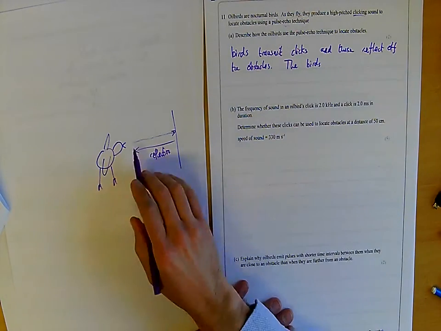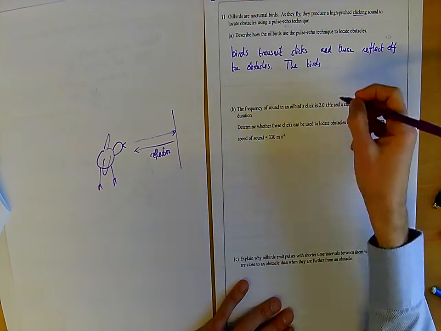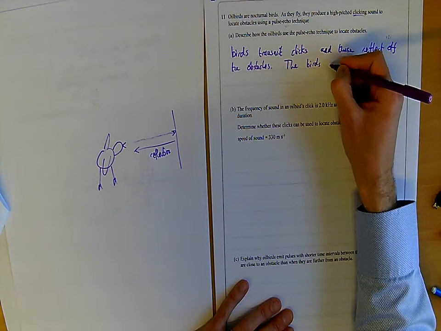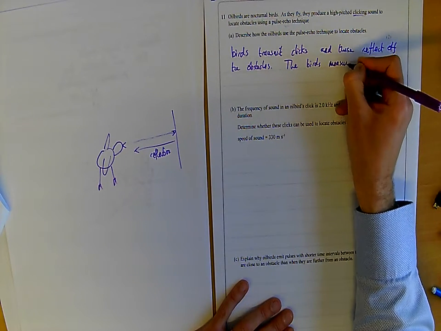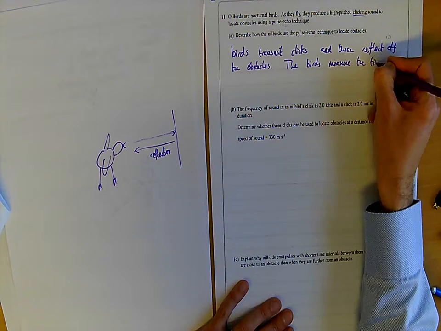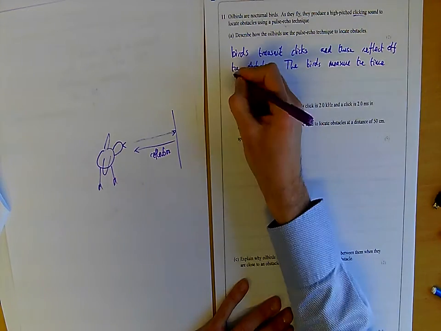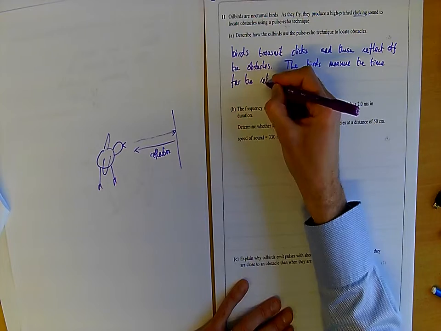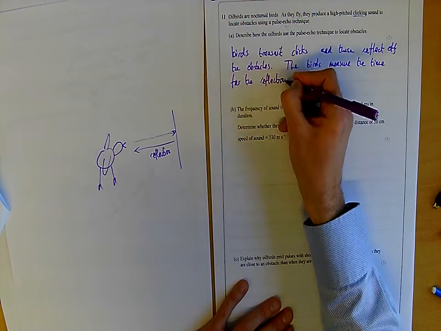Now this takes time, doesn't it? This takes time. The birds listen for or measure the time. Measure the time for the reflection to arrive.